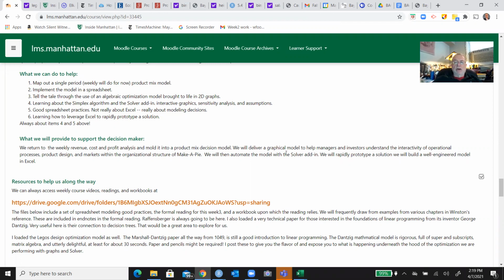Now, the decision model we're going to use is going to be basically a maximize profit by choosing how many pies we're going to produce in 2 different pie lines. One is savory, one is fruit.